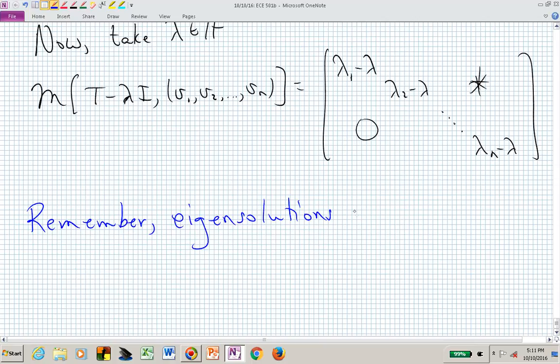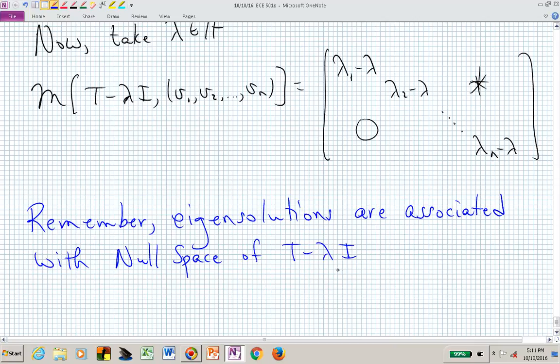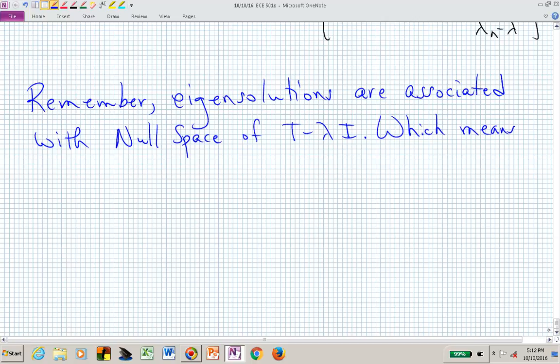Remember, the eigensolutions are associated with the null space of T minus lambda I. Which means we want T minus lambda I to have a non-trivial null space, or to be non-injective.